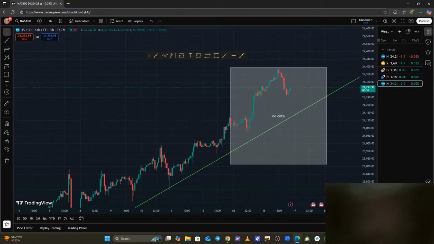I actually have a screenshot of the chart before. Let me just find it here. Gallery. Okay. Let me just give you the screenshot because I had a screenshot of the trade before I did the analysis. Let me see if I can find the screenshot.